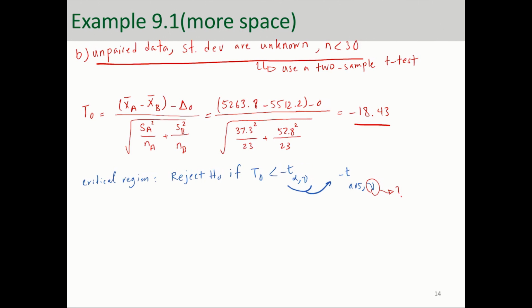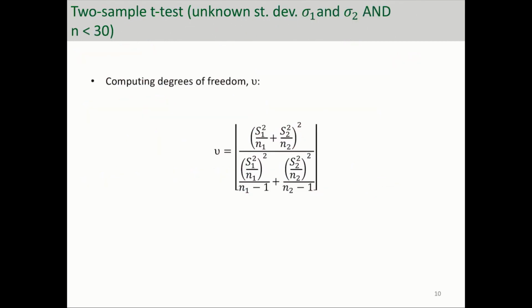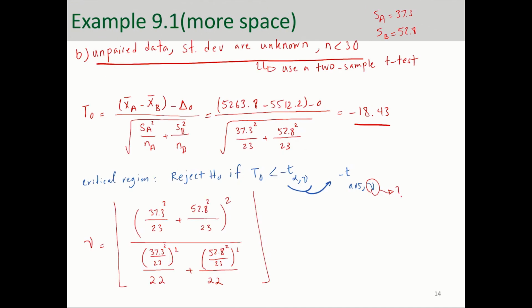And if you remember, this is how you calculate degrees of freedom. These are the standard deviations, these are the sample sizes, and this function. So what I'm going to do is replace all these parameters with the numbers for this problem and calculate the degrees of freedom. When we replace the parameters with the numbers, we get 39.6, and this is a round down operator here, so we have to round this down to 39.